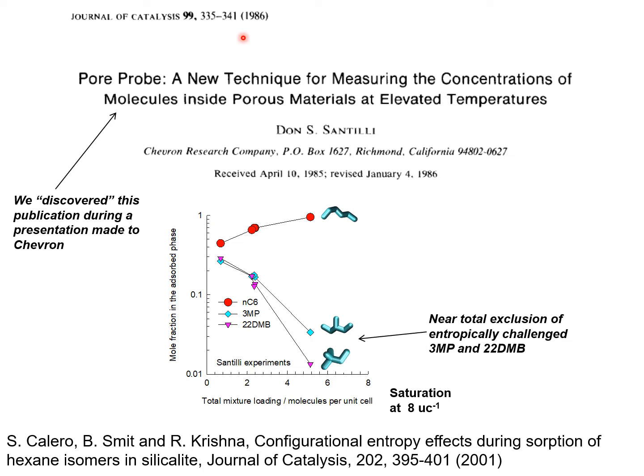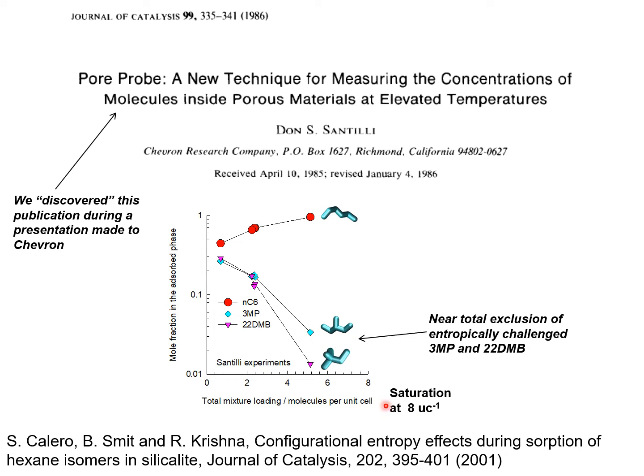In a paper published in Journal of Catalysis in 1986, experimental data on adsorption of a ternary mixture of normal hexane, 3-methylpentane and 2,2-dimethylbutane are reported. And I plot this data in the following manner. The y-axis is the mole fraction of each of the components in the adsorbed phase as a function of the total mixture loading ranging from 0 to 8.